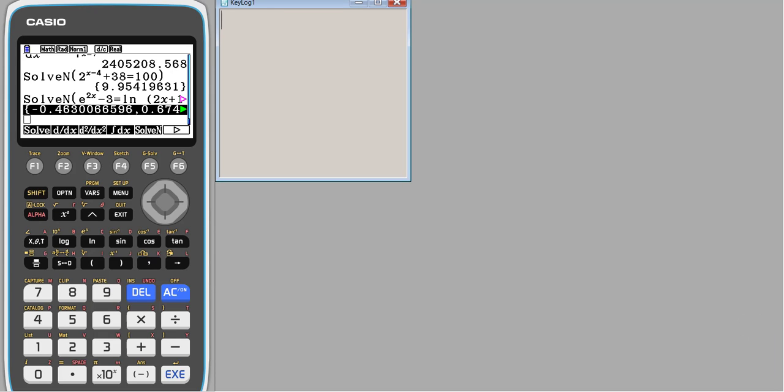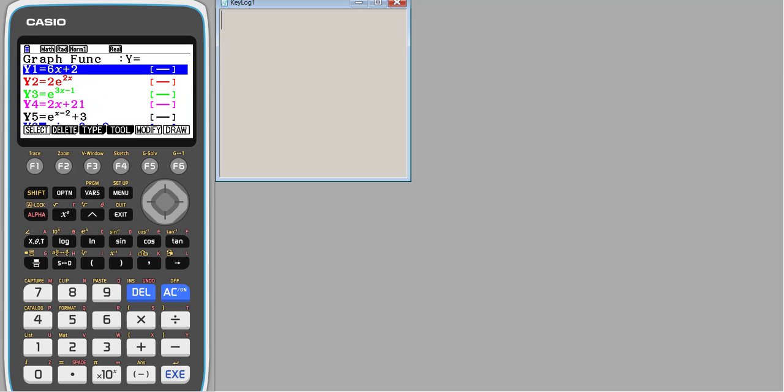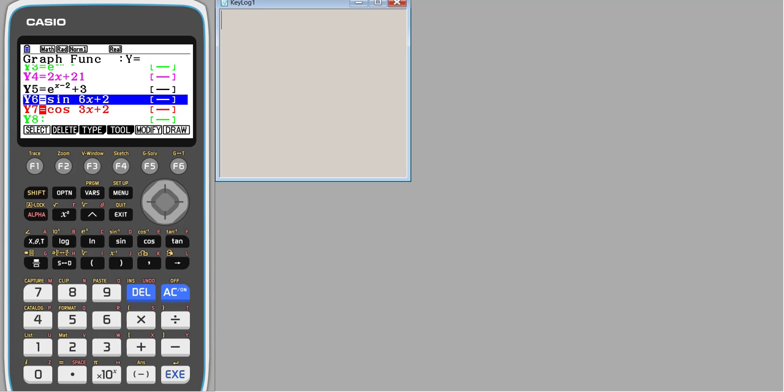My other option is to flick across into graphing mode. So I'm going to exit here, go to my menu and go down to graphing mode. I could use the equation solver, it'll give me the same result. But in graphing mode, I'm going to start by unselecting those two by pressing F1. Then I'll enter my two graphs.